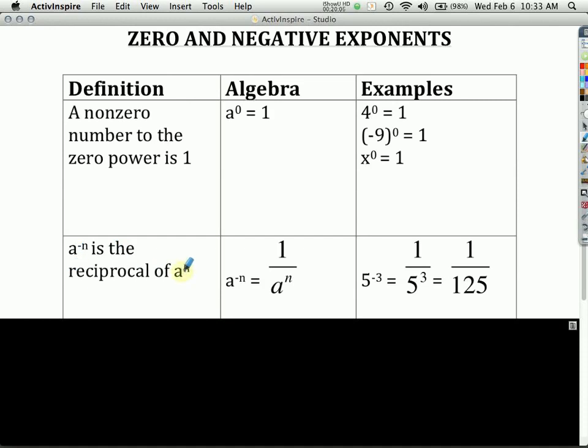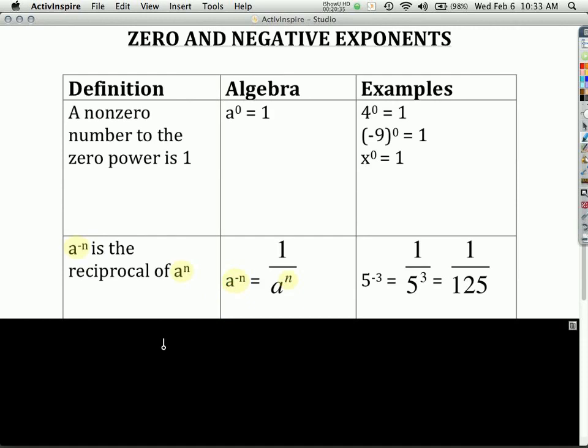Notice that there's no negative here, but there's a negative here. That's a critical piece. So, how do you write a reciprocal? You flip it, right? It's a fraction that gets flipped. So a to the negative n really means 1 over a to the n. Notice that there is no negative here, but there is a negative here. Again, that is a critical piece.